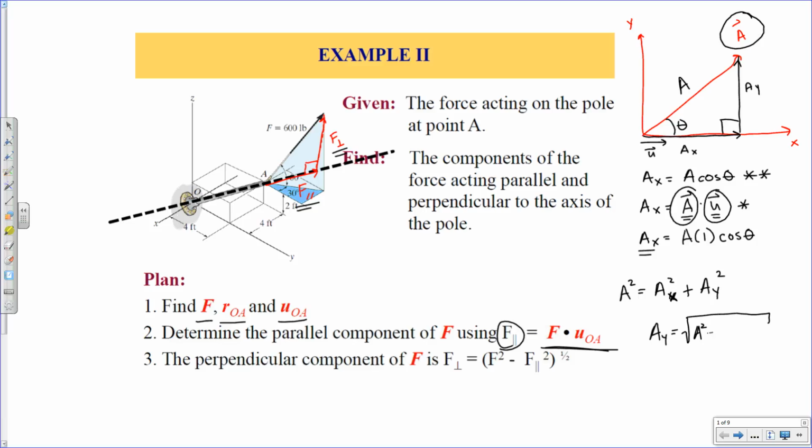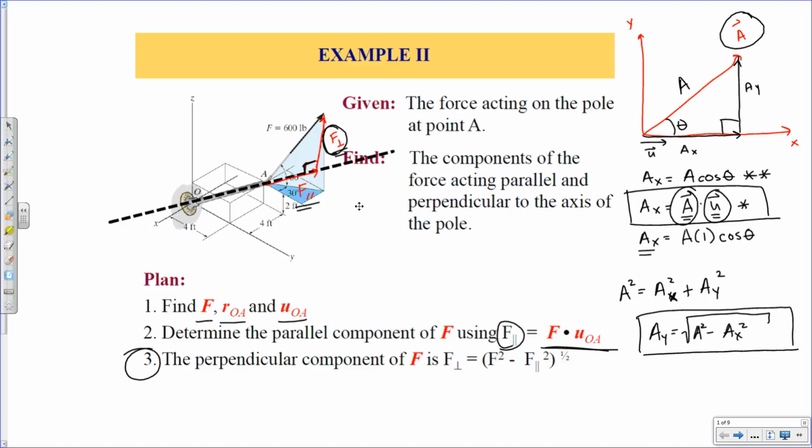A squared minus A_x squared. This is how I can solve for the perpendicular component. I solve for the parallel component using the dot product. I solve for the perpendicular component with the Pythagorean theorem. This is a right triangle over here in 3 dimensions, so I can use the Pythagorean theorem to solve for my perpendicular component. That's what step 3 is telling us to do.